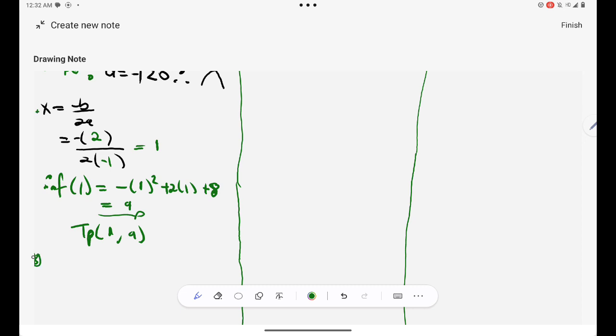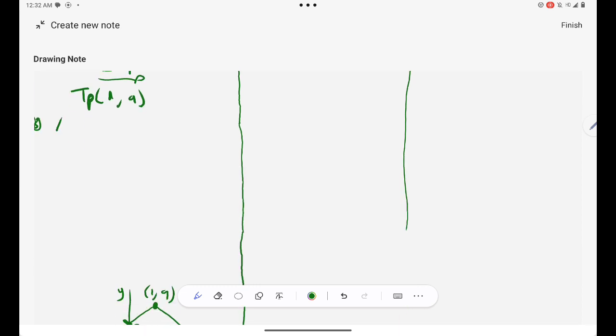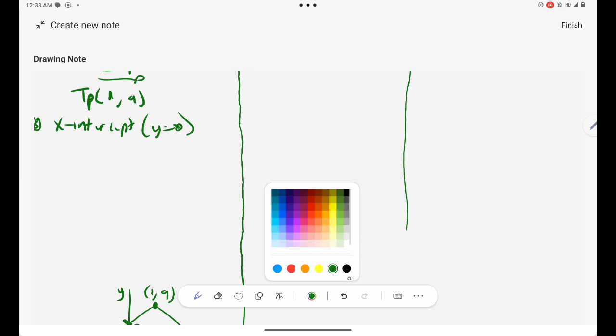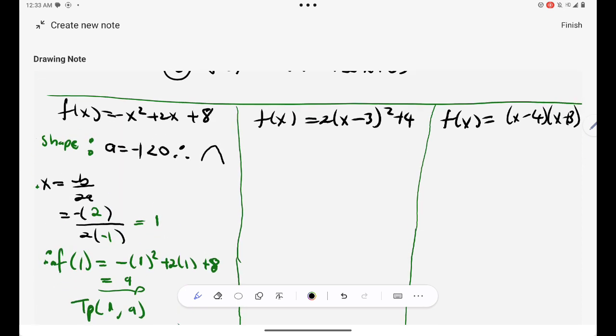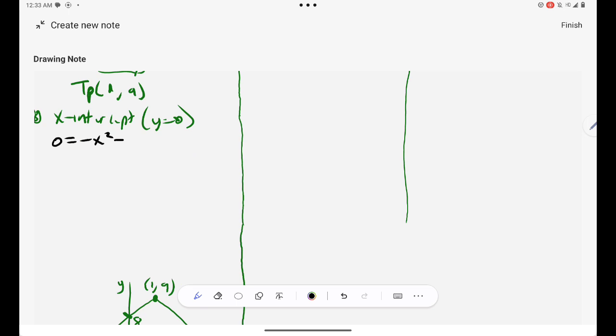Step number 3, I must find my x-intercept. I don't care what kind of a graph it is, I'll make y 0 and solve for x. Y is 0 and then I'll solve for x. 0 is negative x squared plus 2x plus 8.